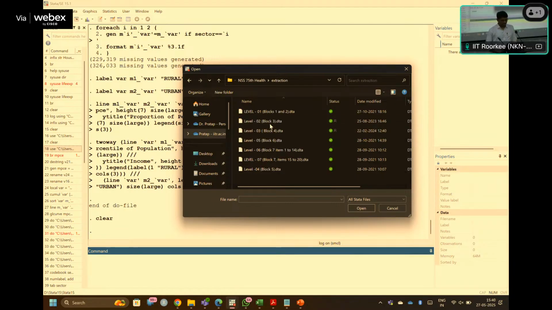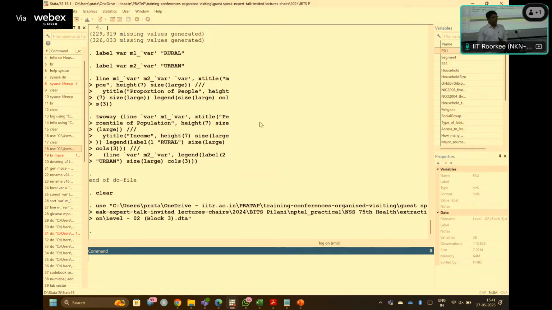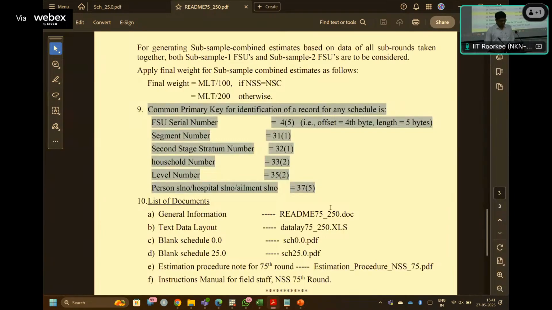Extracted file. So yes, this is level number 2. I'm just going to open it. Now we have to carefully observe that level number 2 is carrying household information, whereas level number 3 is covering individual information.